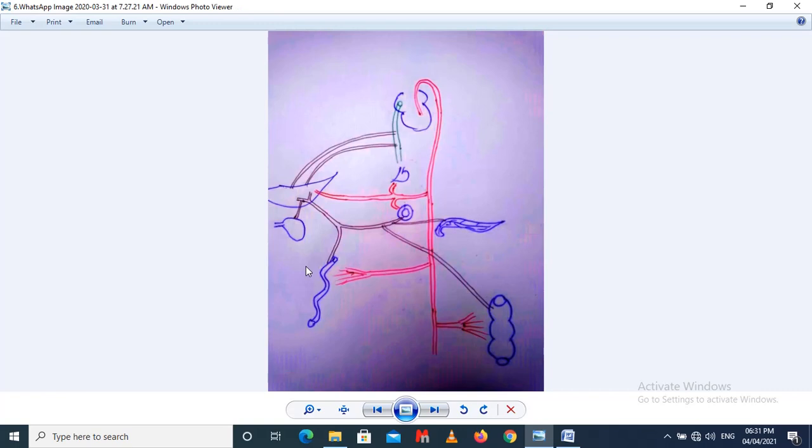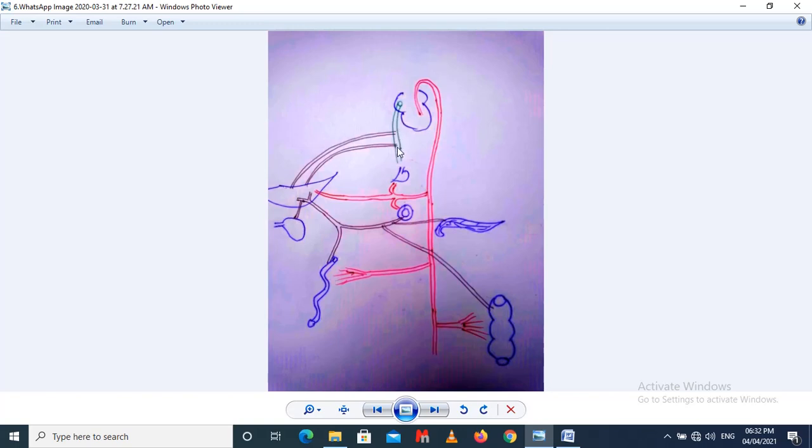Now, going to the very important one. Now this is the liver, and what arises from the liver? Two veins arise from the liver. These veins are called hepatic veins, and what do these hepatic veins do? These hepatic veins go and combine with the inferior vena cava, and this inferior vena cava is responsible for what?